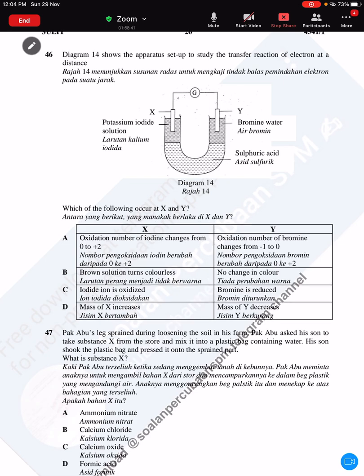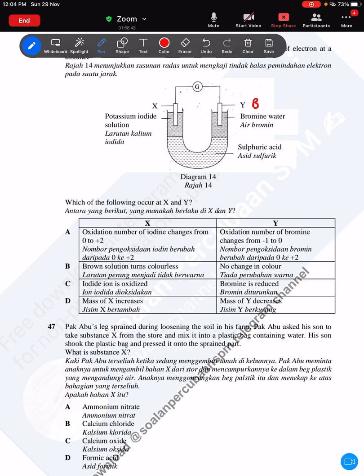Bromine water is actually Br2 and becomes 2Br negative. So this is 2 electrons. On the other hand, potassium iodide is our concern. And it becomes I2 plus 2 electrons.